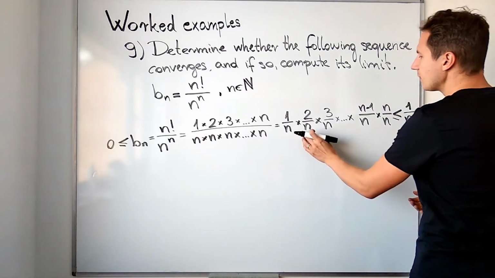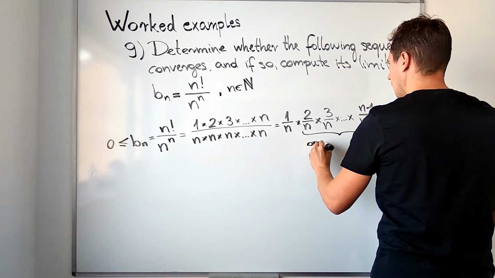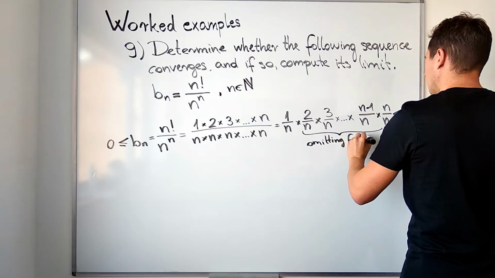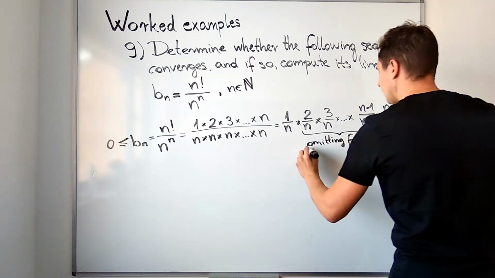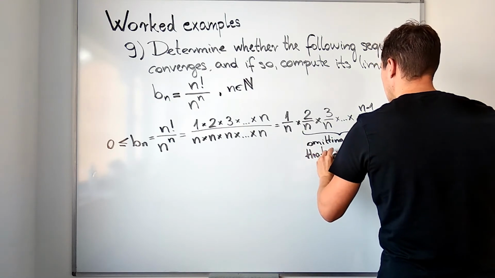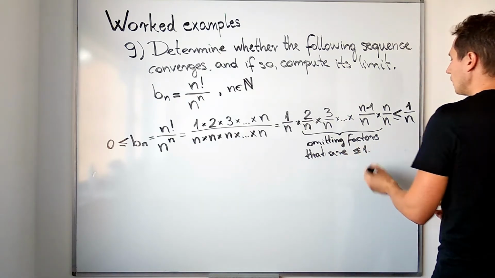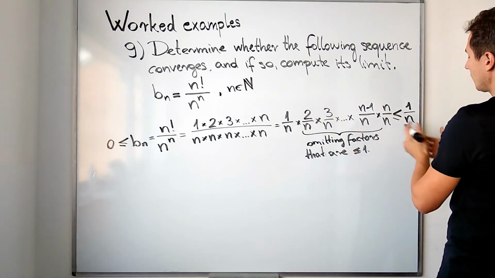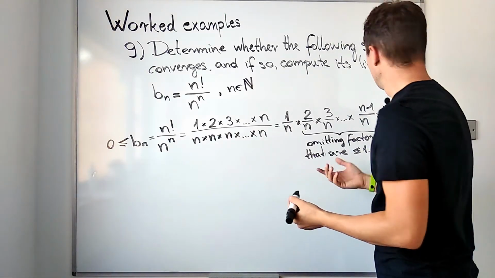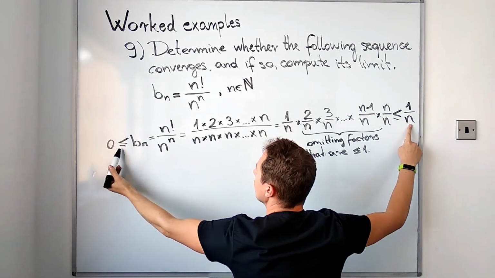We are omitting these factors that are less than or equal to 1, which gives us a greater than or equal to answer that is 1 over n. So Bn is between 0 and 1 over n for all n.